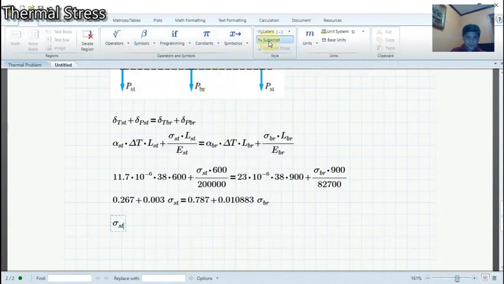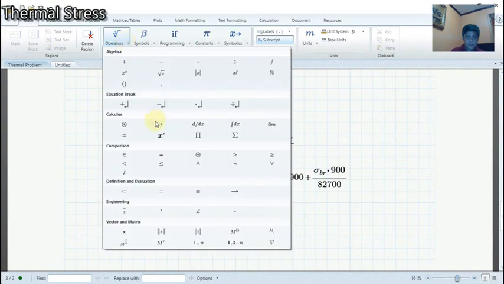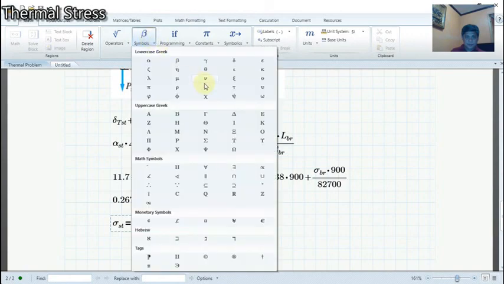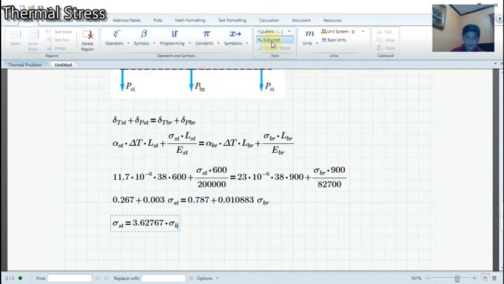The stress in the steel is equal to 3.62767 multiplied by the stress in the bronze plus 173.333. Okay, so we have now our second equation. This is our equation 2.